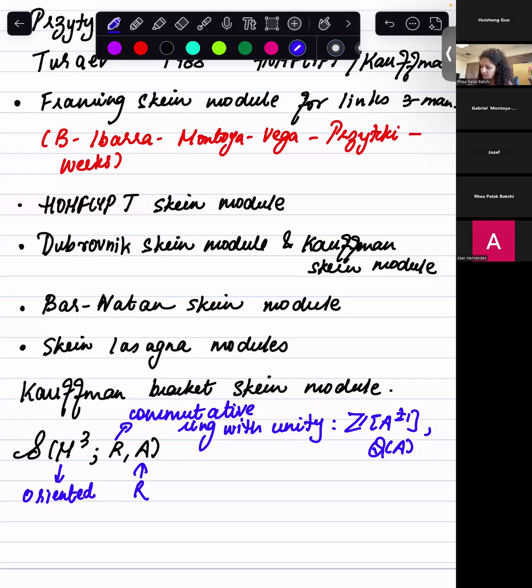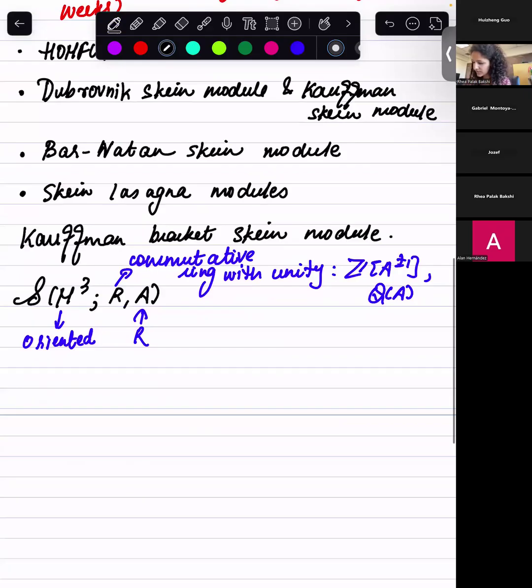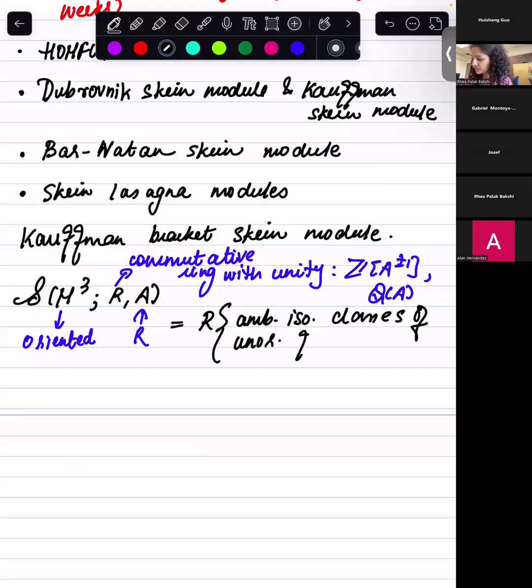All right. And this is how we define our Skein module. We take the free R module that's generated by ambient isotopy classes of unoriented framed links in our three manifold.